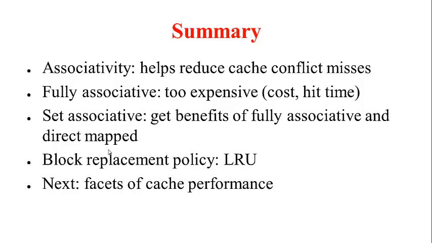We found that set associativity is a nice middle ground to get the benefits of full associativity in terms of reduced conflict misses, and also benefit of direct map in terms of low hit time. And we saw that we need to have something called the block replacement algorithm, and in practice the least recently used or LRU algorithm works well. Next, we are going to look at various facets of cache performance and how it can be improved.